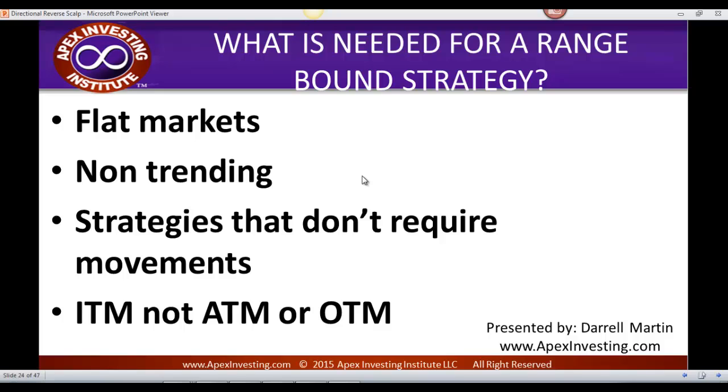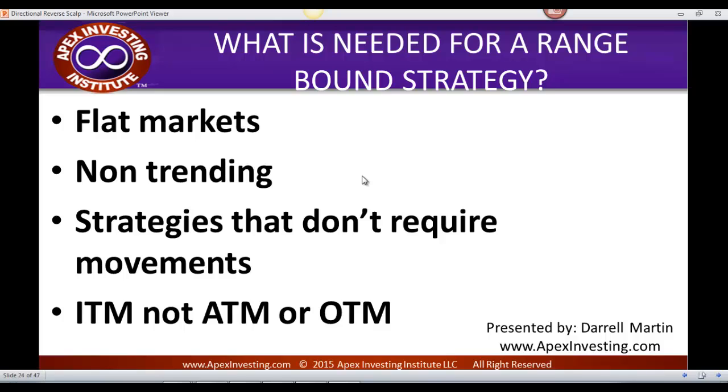On a trending day when the market's just taking off and flying, well, you'll want a trending strategy. You might want to look at even using Nadex spreads at that point where you can take advantage of that trend, take advantage of the big moves in the market. But on a range bound strategy, you're not looking for any moves. The market's flat. All right.